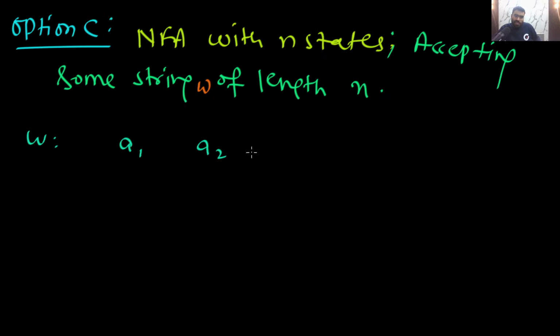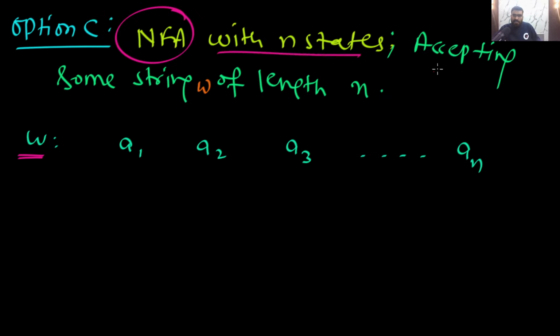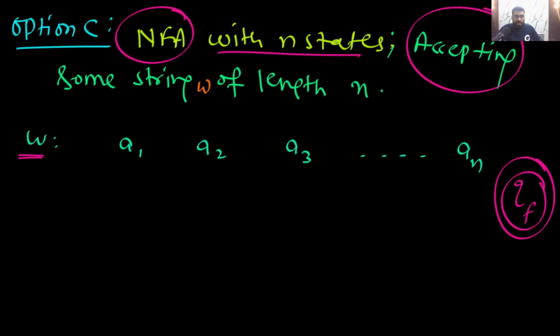This w is like this: a1, a2, a3 and so on, an. Now the NFA with n states is accepting this string. Because you are accepting, the last state will be final. The first state will be initial. Yes or no?